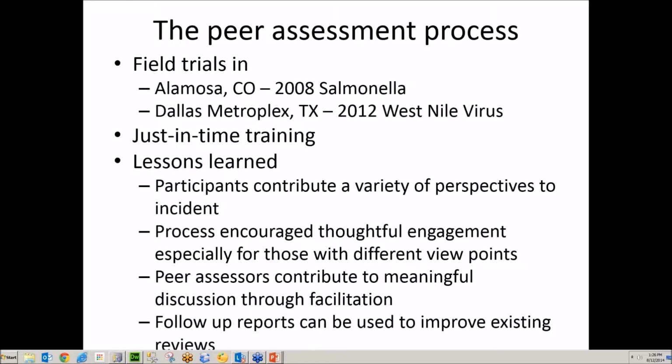To avoid some of the challenges we've seen with typical after-action reports, where it's often difficult for individual jurisdictions to ensure objective, systematic, and reliable analyses of their own response due to the limited time or resources that can be given to an after-action report, we bring together peers from similar jurisdictions to help a given jurisdiction that has experienced an incident to analyze what's happened in that particular case.